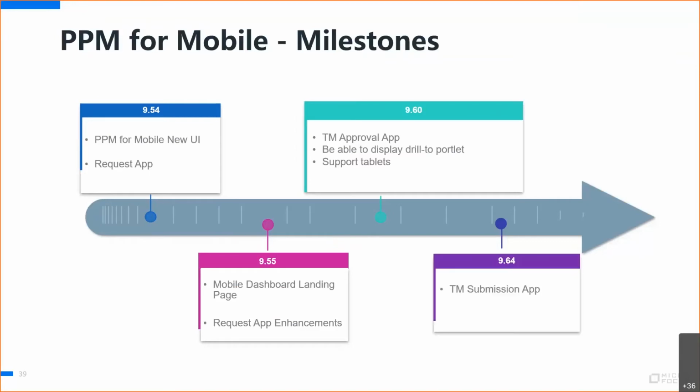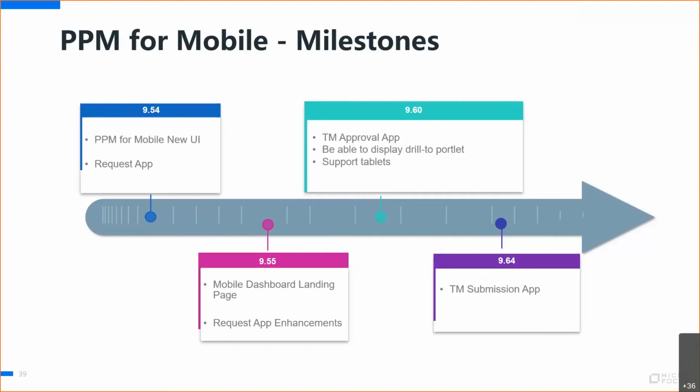And in 9.64, after collecting feedback from a lot of customers and putting a lot of effort and thought into how timesheet submission needs to be built, R&D delivered the timesheet submission app to complete this whole functionality. Now the whole functionality is complete, so you can definitely use the mobile app with all these features.